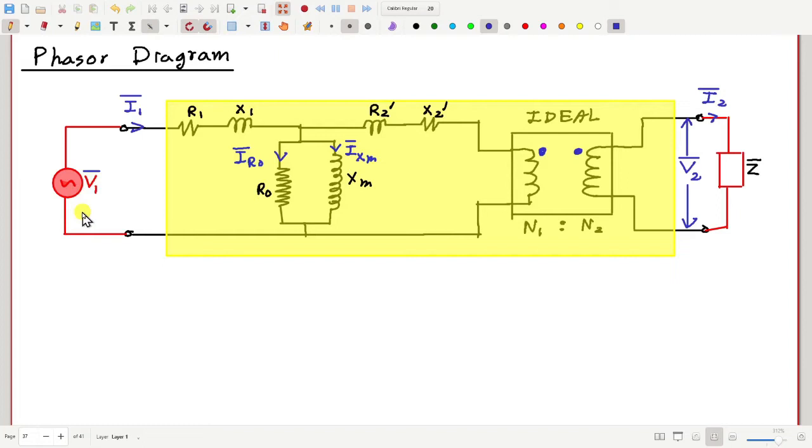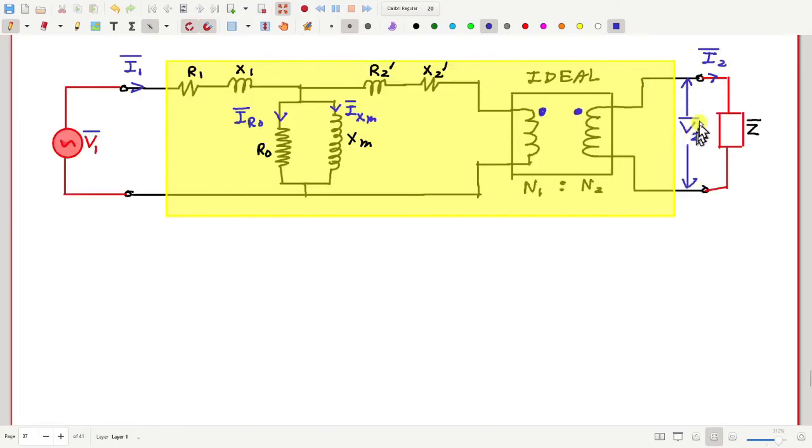However, if we do that, then it may be slightly difficult to draw the phasor diagram. Rather, it may be easier if I start from V2. Okay, so while drawing a complicated phasor diagram, you always can decide which quantity you want to take as your starting point, your reference phasor, and then the drawing will be simpler.